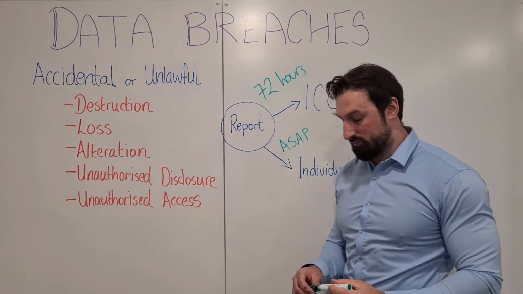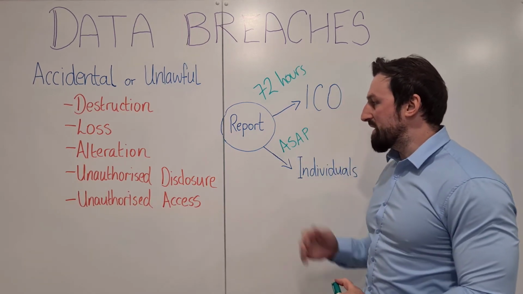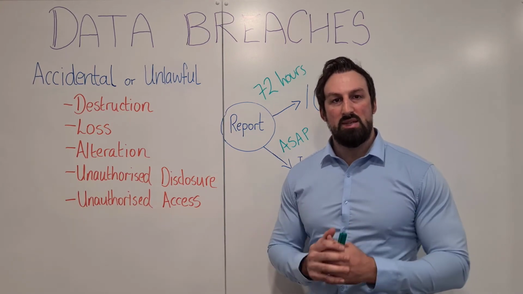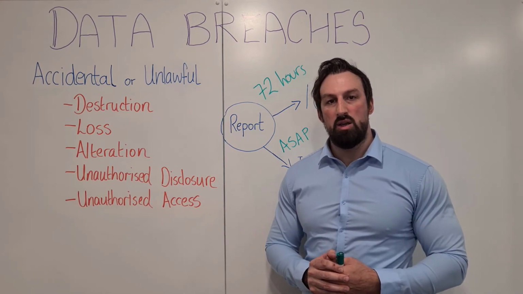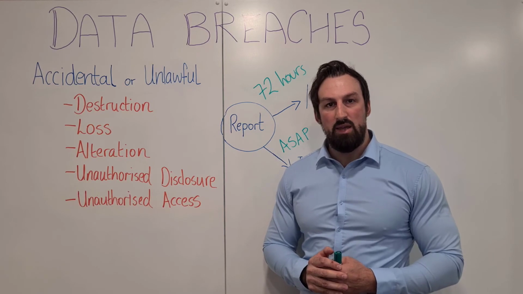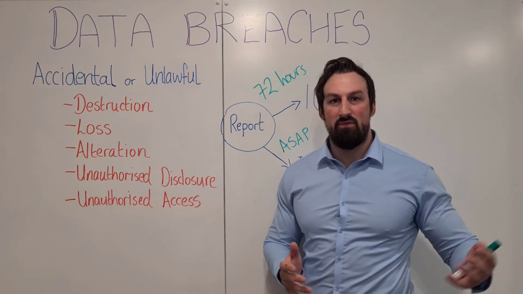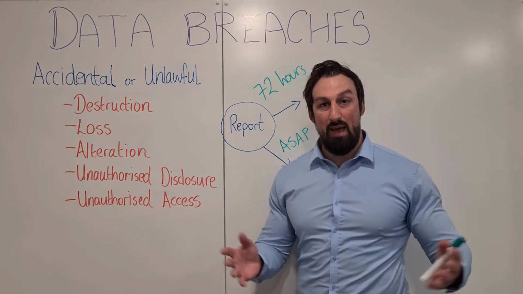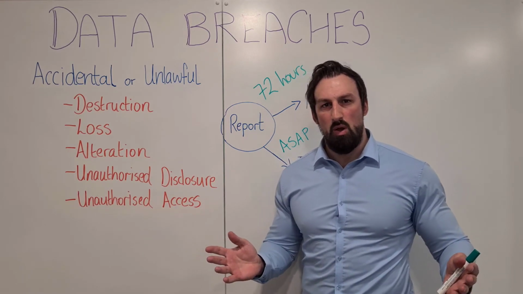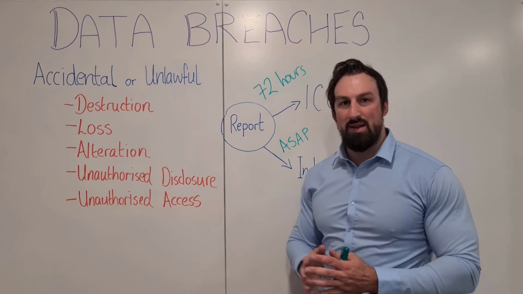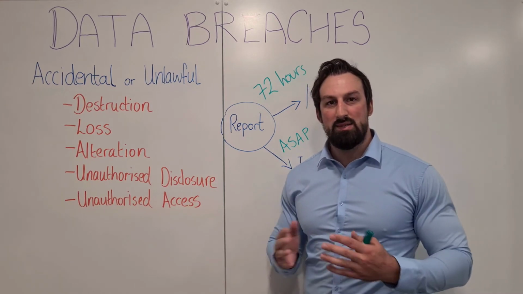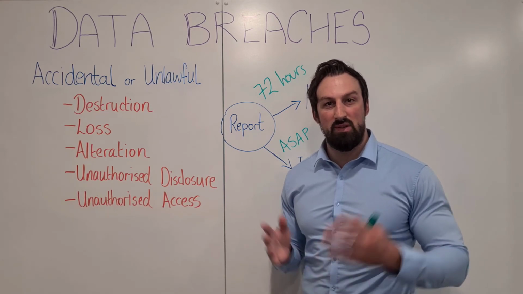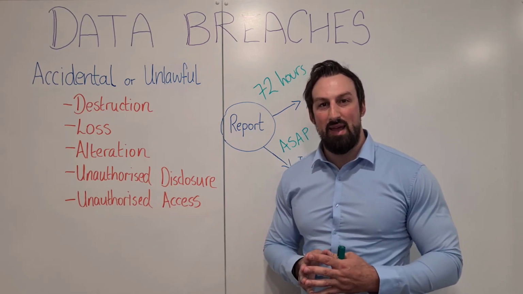To provide an example, imagine the school held all its safeguarding data on a USB stick. That USB stick was then inadvertently lost and found its way into the public domain where it became public knowledge. Well, such an unauthorized disclosure is likely to result in harm to those individuals concerned, given the sensitivity of that data.